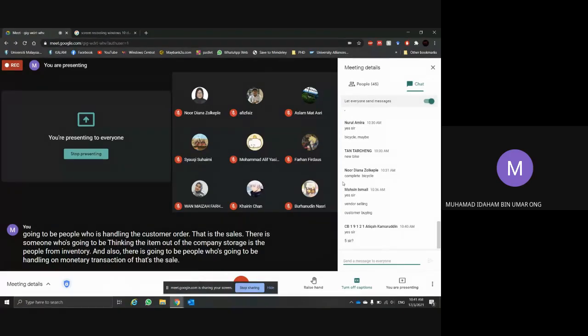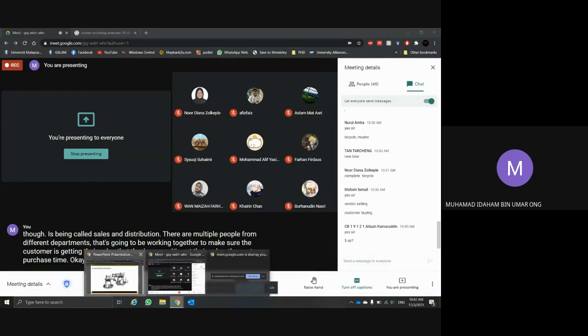There is going to be people from the finance. So even though it's being called sales and distribution, there are multiple people from different departments that are going to be working together to make sure the customer is getting their purchase done.